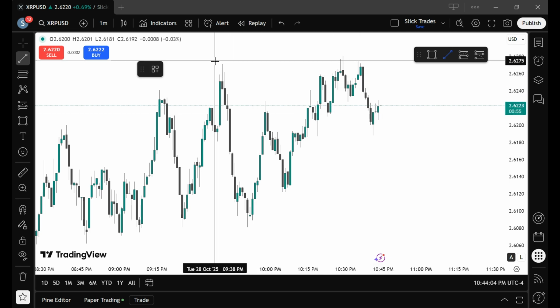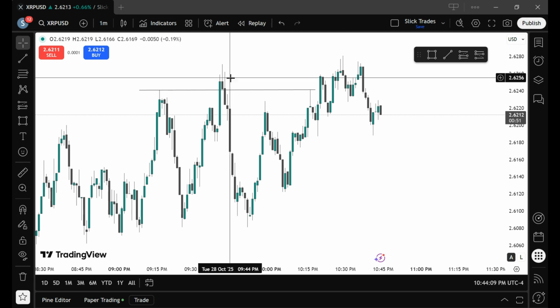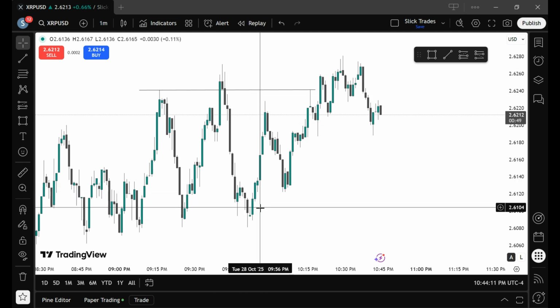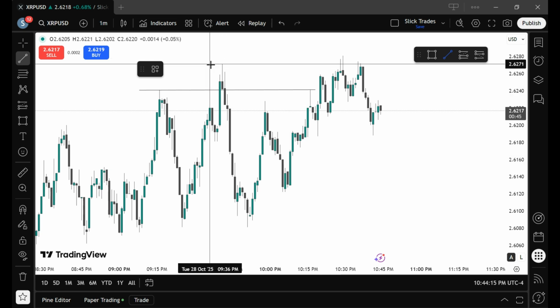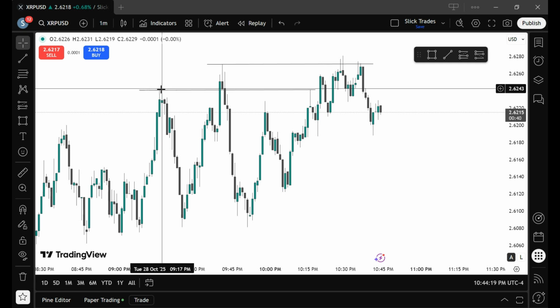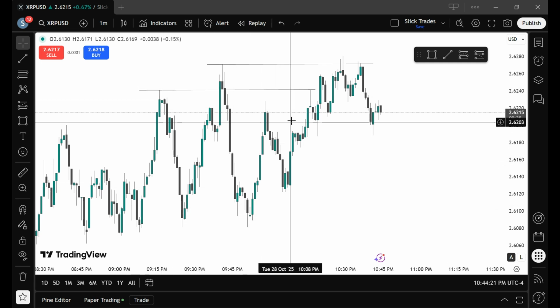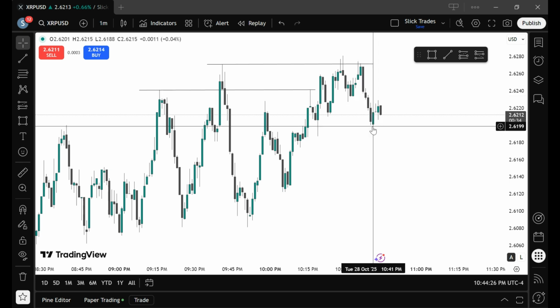We come in, we're watching it. Boom. We sweep this high. Look what happens. We get a reversal. Boom, we come in here, we sweep this high. We get a reversal. We come up, we sweep this high. And we already have a downtrend forming.